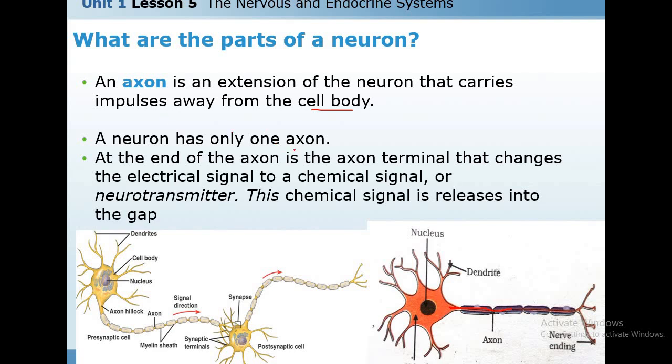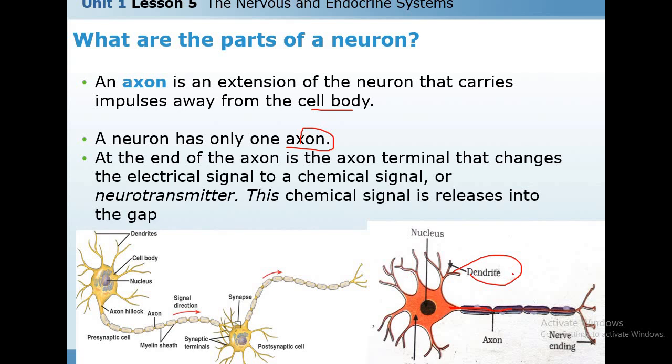A neuron has only one axon. So any nerve cell has one axon, while it has more than one dendrite.